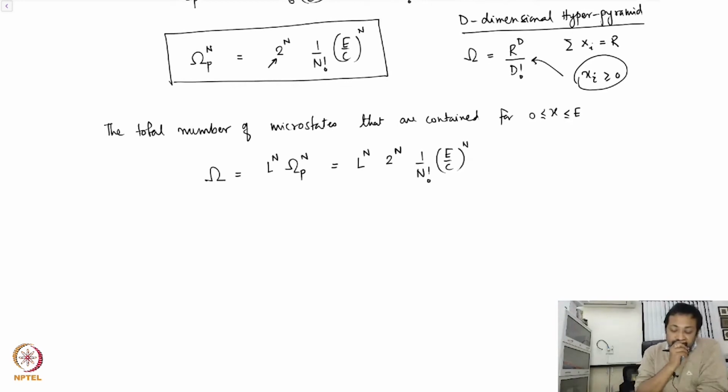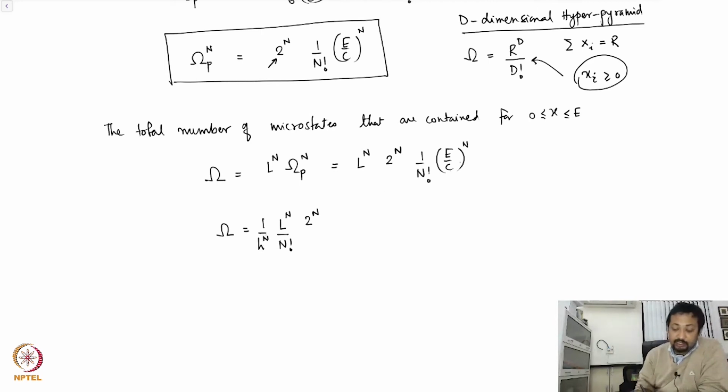Now, we still have not taken into account the indistinguishability of the particles, so that we have omega equal to L to the power n, 2 to the power n, divided by n factorial, and there is going to be an h to the power n.